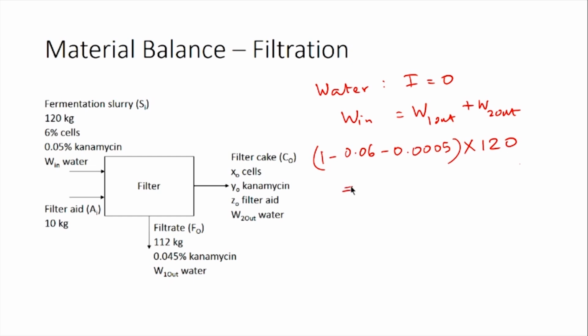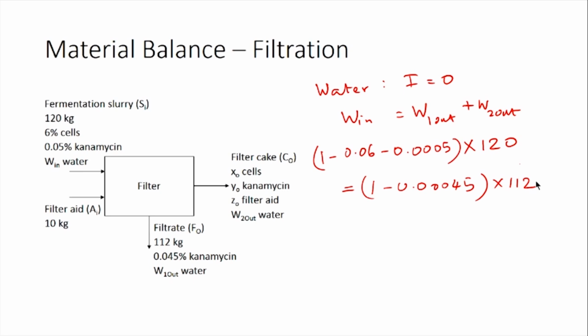Water is leaving the system through two different streams. In the filtrate, the concentration of kanamycin is given as 0.045%, which means the rest would be water. So, the mass fraction of water would be 1 minus 0.00045 times the mass which is 112, giving you the total mass of water leaving the system through the filtrate.